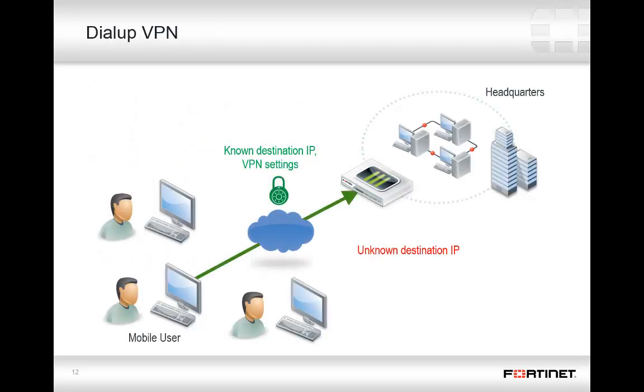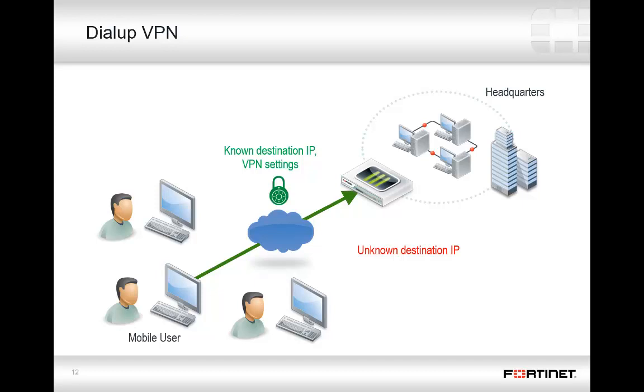First, here is a dial-up VPN. Its geometry is simple. Dial-up VPN is used when you don't know where the remote peer will be connecting from, such as with traveling employees with FortiClient on their laptops. Unlike site-to-site VPNs, one dial-up VPN configuration on your FortiGate can be used for multiple IPsec tunnels with many remote offices or users.